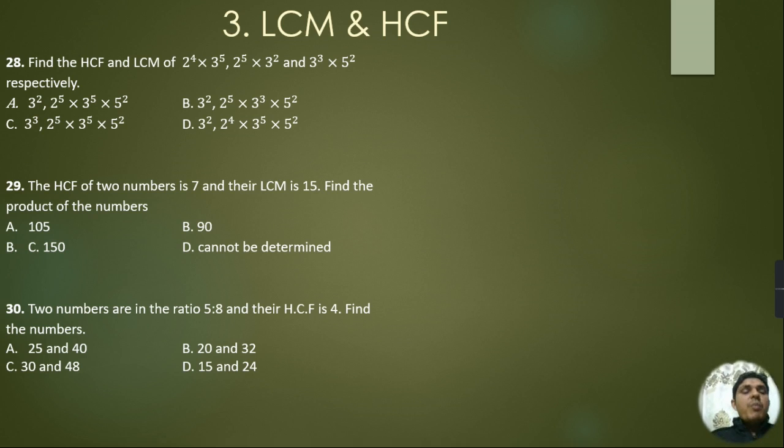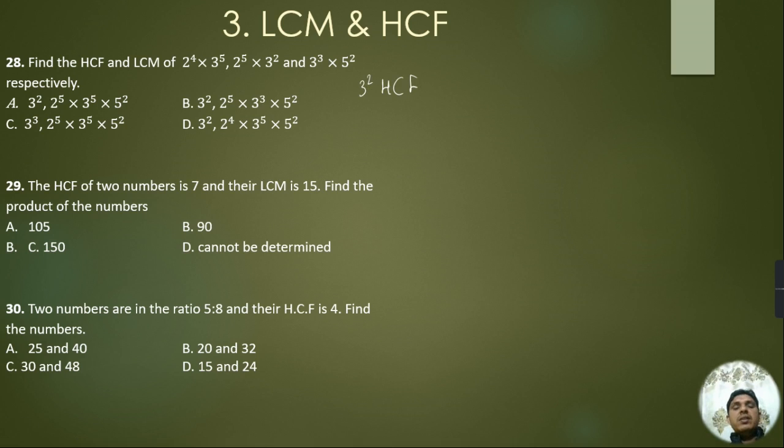HCF is the highest common factor that can divide all the given numbers. So for finding the highest common factor, we take the term that is included in all the numbers, that is 3, with the lowest power, that is 2. So here HCF will be 3 square.